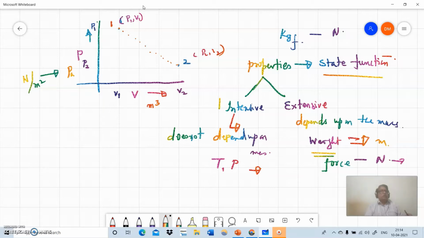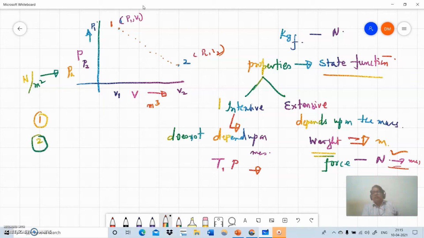Now it depends upon the mass, hence it is an extensive property. Are you getting it? So like this, you try to find out which are the intensive properties and which are the extensive properties. Okay.